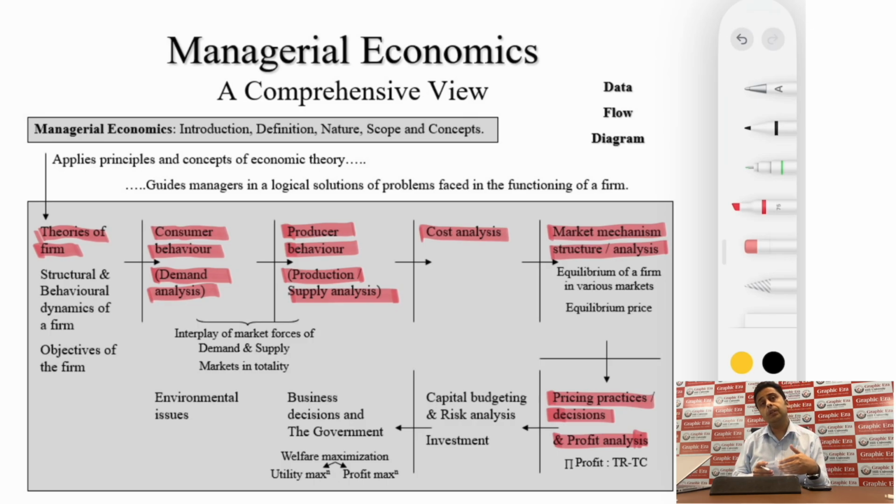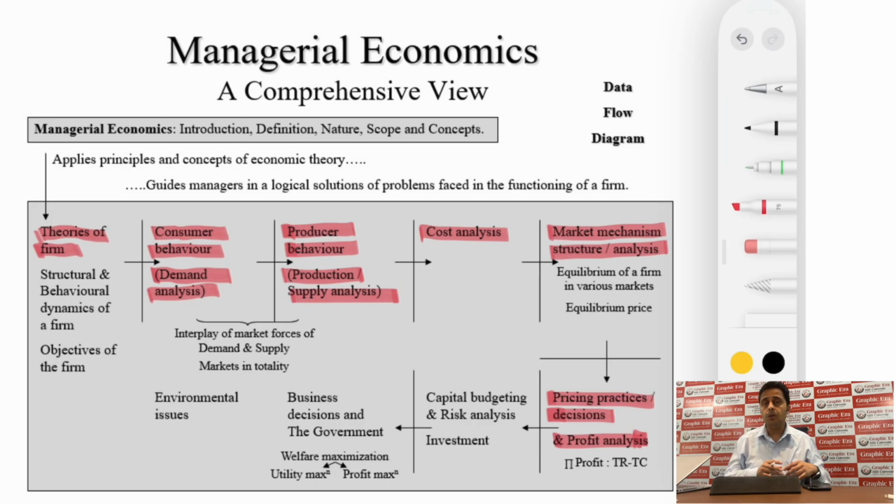And then beyond this, there are a lot of macro factors which are external to the organization, which might also affect the decisions of the firms in order to sustain in the market and ensure that you have a sustained profitability and you're able to have perpetual existence in the market.